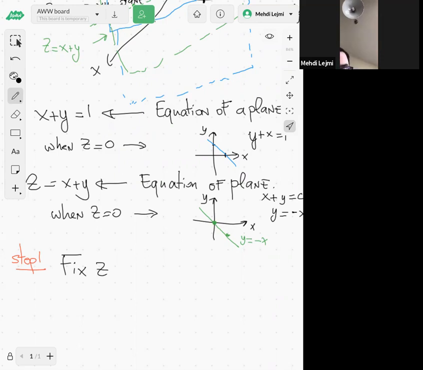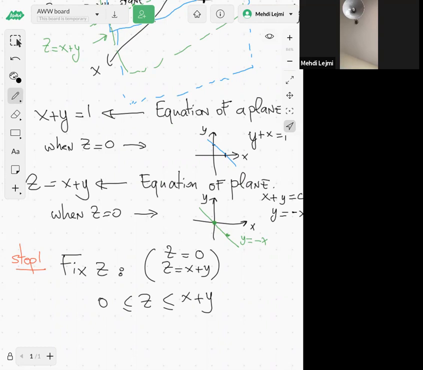So let's see what equations involve z. We have z equals to 0, right? And then we have z equals to x plus y, right? So z is between 0 and x plus y, because you have these two equations, z equals to 0, and that's the xy plane, and then you have z equals to x plus y. So then your z is between these two equations.